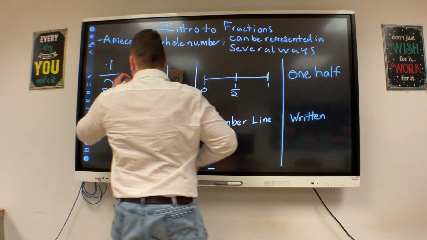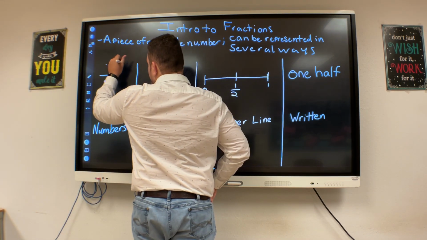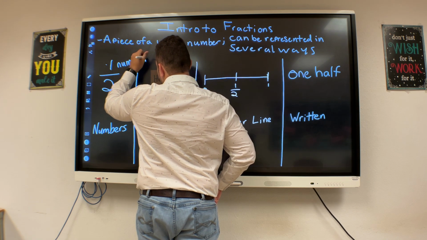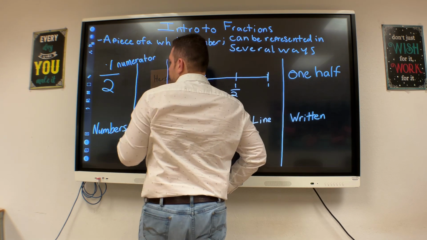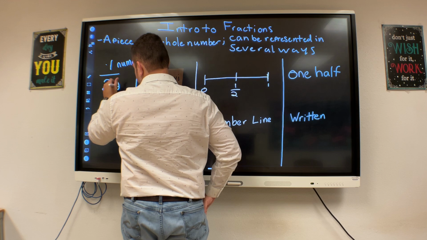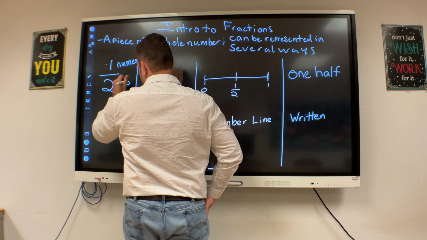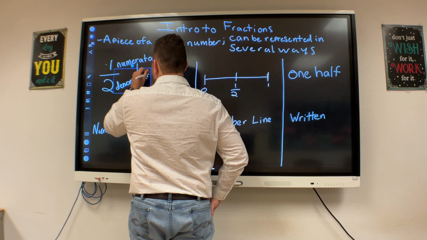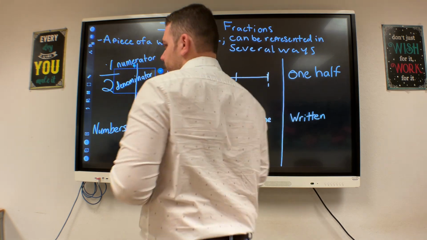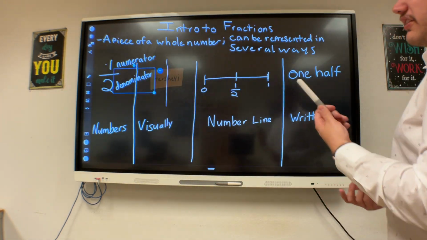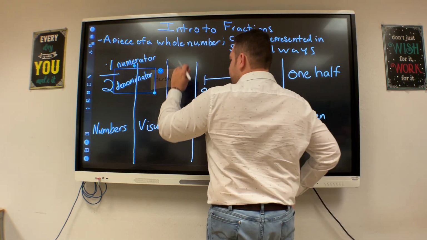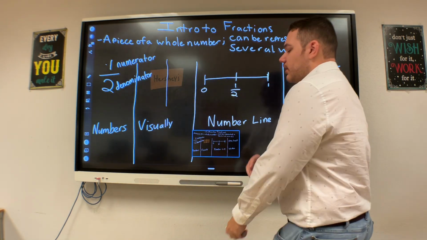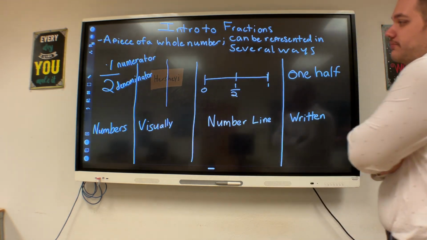You have the top number, which is called a numerator, and then you have the bottom number, which is called a denominator. And so that's pretty much it. It's just your numerator on top, denominator on bottom, and some little kind of hash mark in the middle. That's how you would write out a fraction numerically.